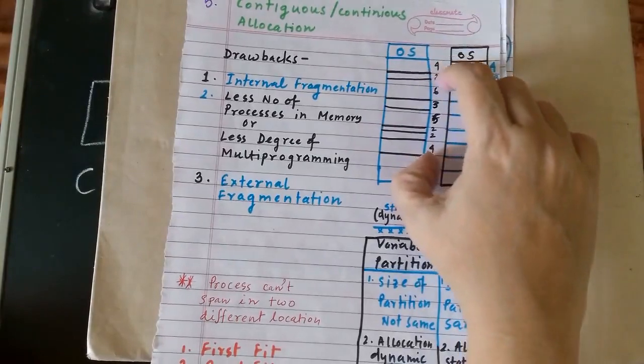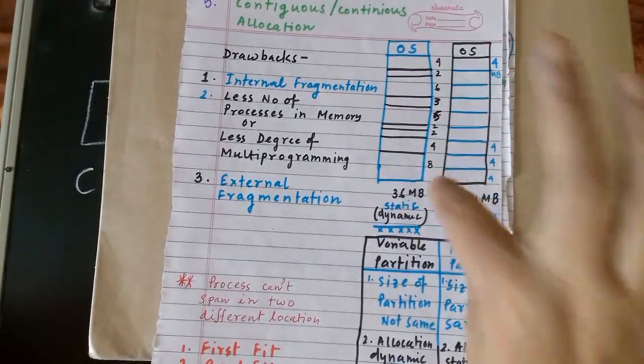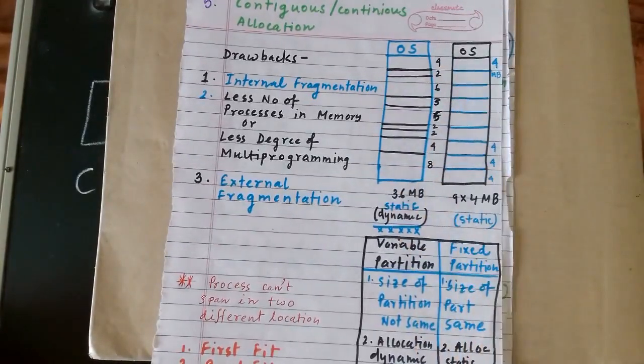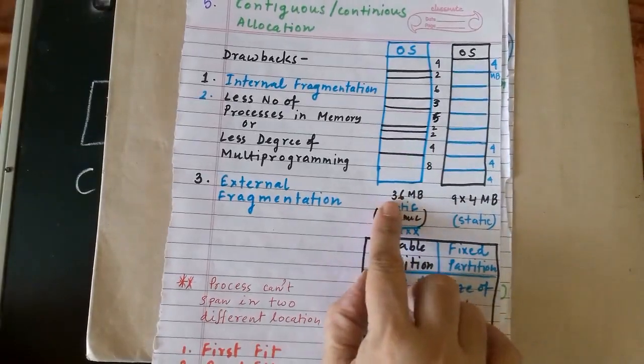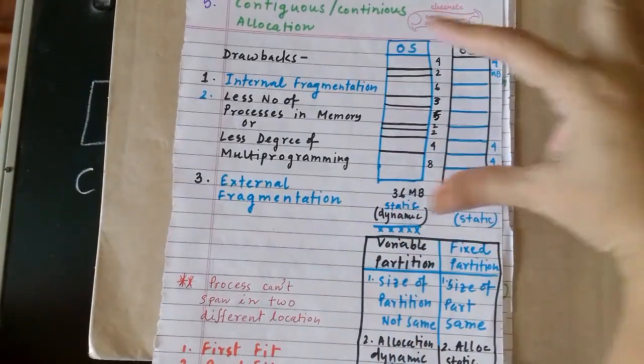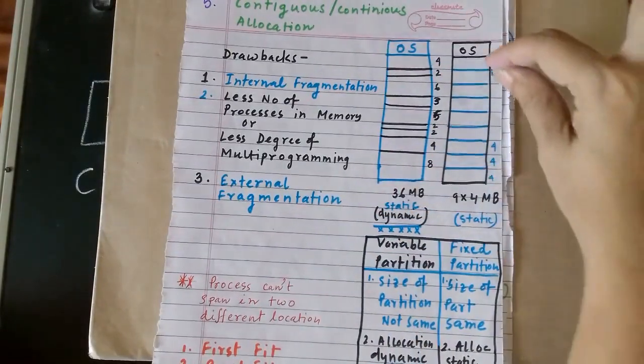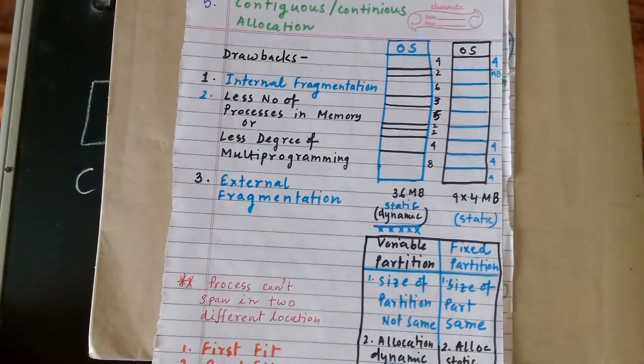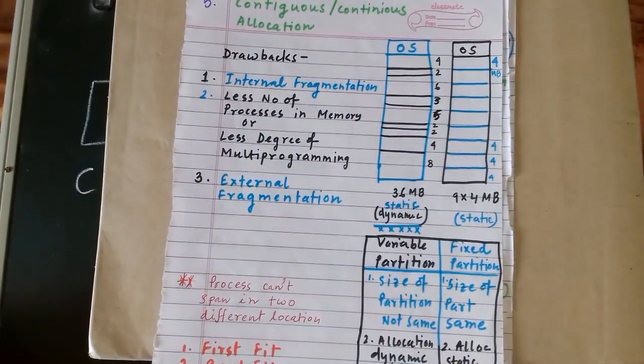This is 4 MB, this is 2 MB, like that, but the total size is 36 MB and the number of partitions is also 9. Both are fixed partitions, same memory size, same number of partitions, but partition size varies. Now we will consider how contiguous memory allocation works for the fixed partition algorithm.